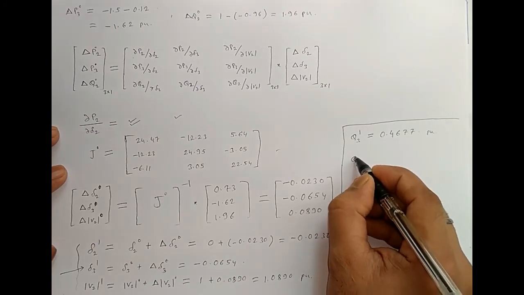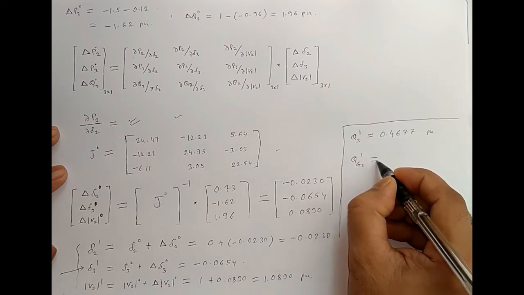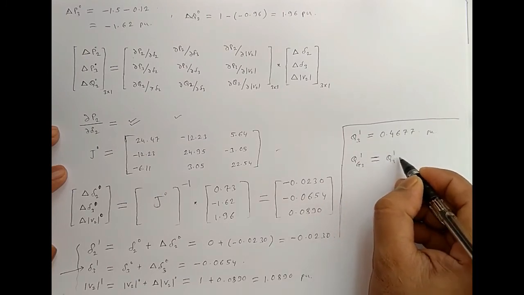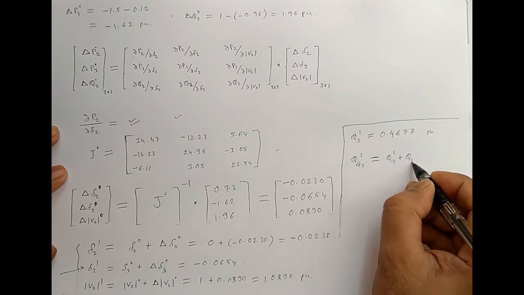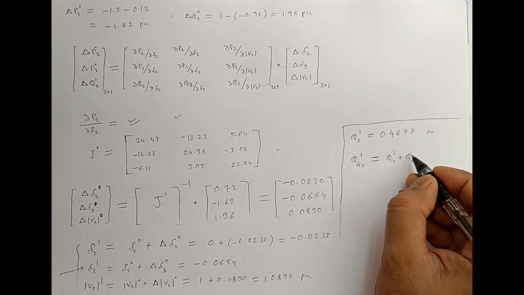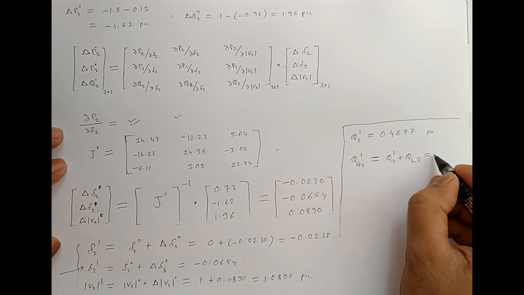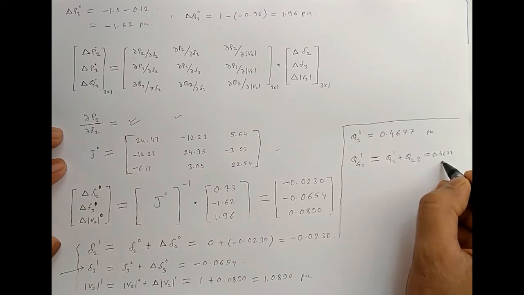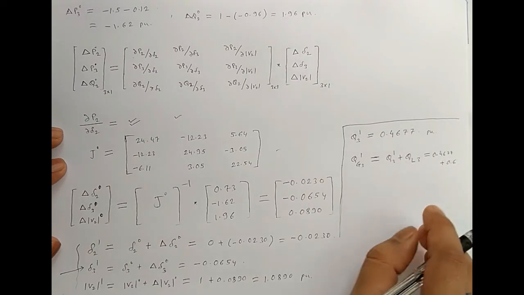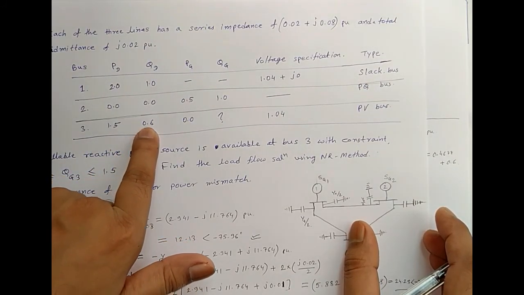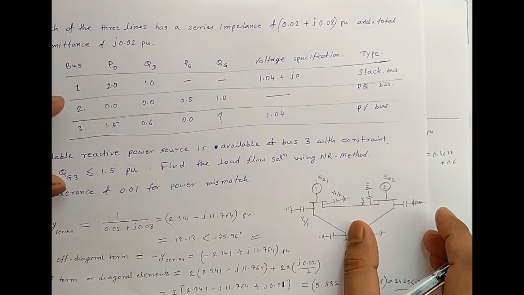So QG3 after iteration 1 will be what? Q31 plus the Q load demand QL3, which is equal to 0.4677 plus 0.6, because in the problem it is given that the Q demand at bus number 3 is 0.6.